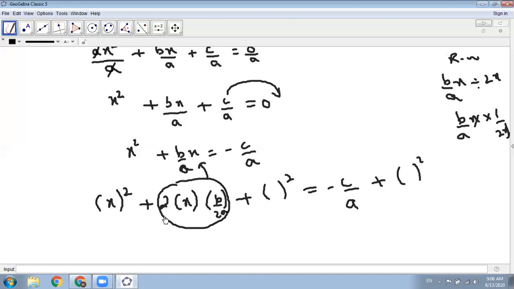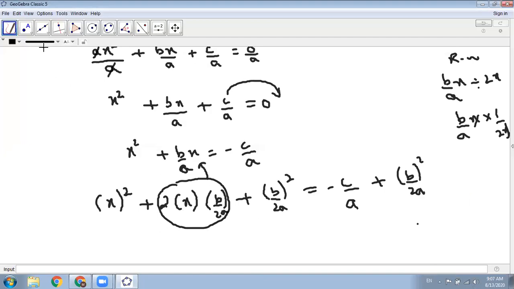So the first bracket contains x and the second bracket contains b upon 2a. We write the b upon 2a here, then we write b upon 2a here as well to balance this.